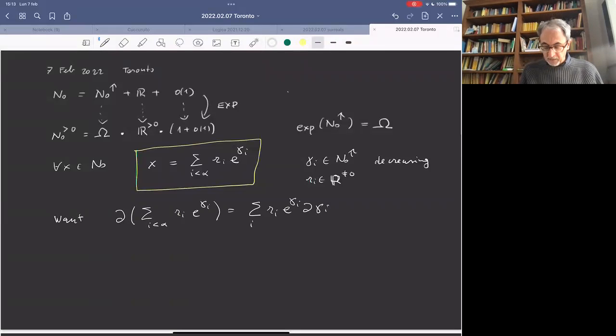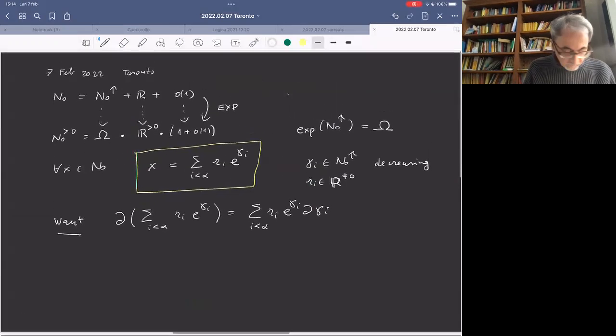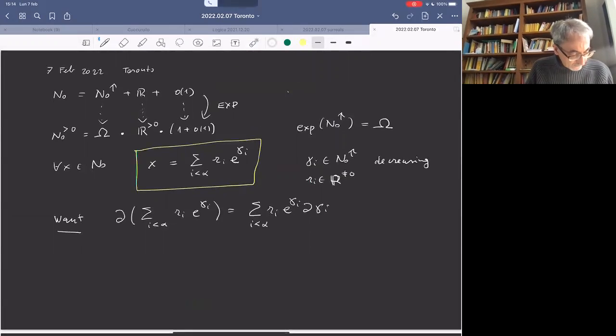So the derivative of e to the gamma is e to the gamma times the derivative of gamma. So we want to take the derivative of the exponent. And more generally, we said that we want some properties of this, which we called SD0, SD1, SD2, SD3, SD4.